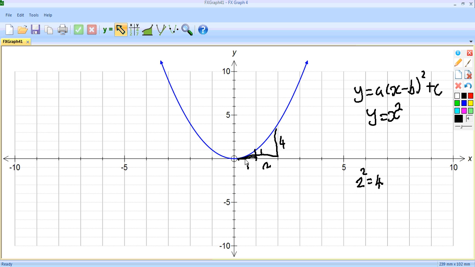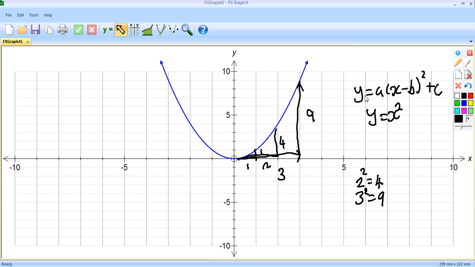If I go across 3 units, I'm going to go all the way up 9 units, because 3 squared is 9. That's going to become useful later, especially when we're looking at how to figure out this a value here.